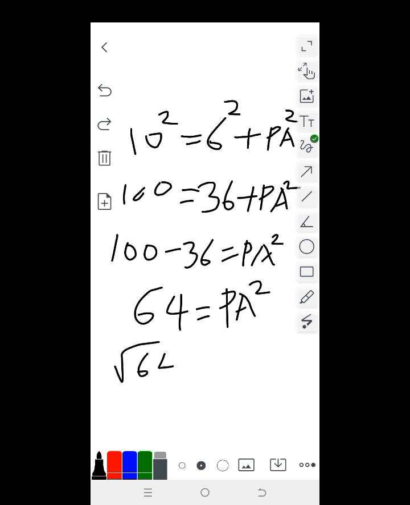And because we have 64 equal to PA square, we have to take square root of both sides. Square root of 64 equal to square root of PA square.